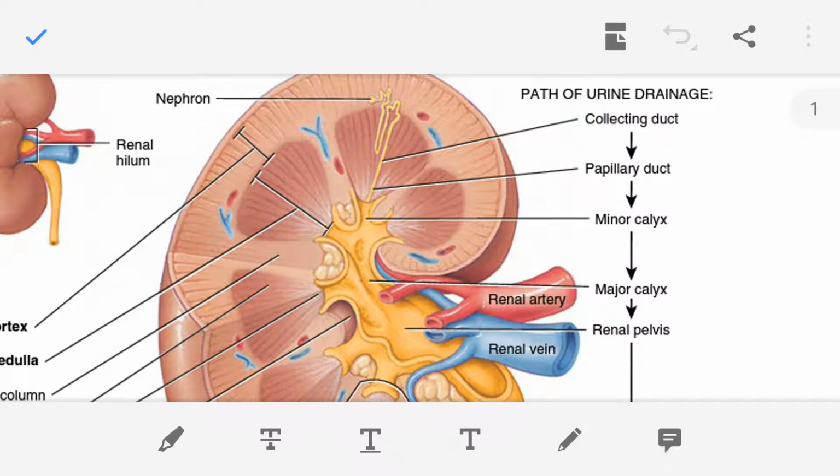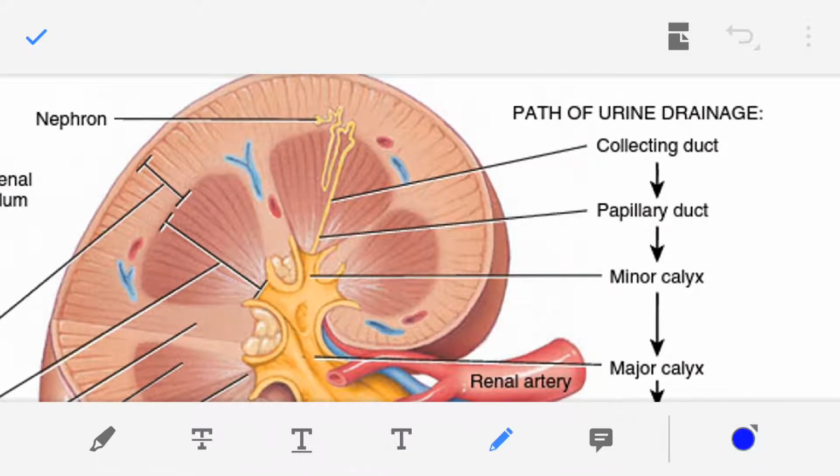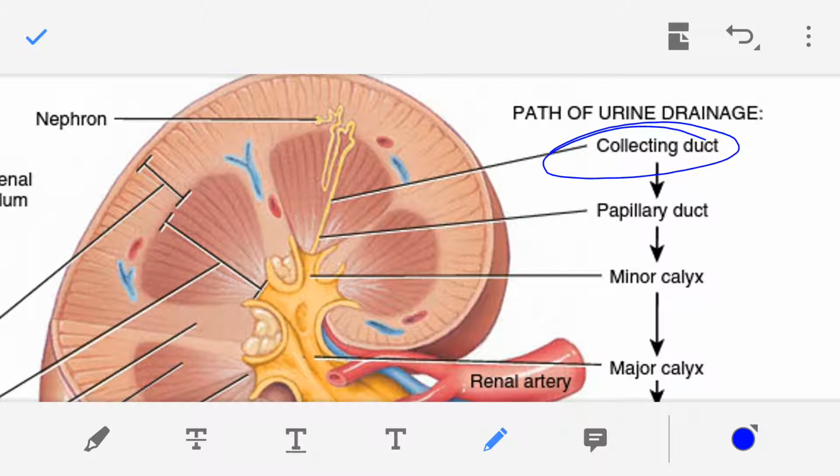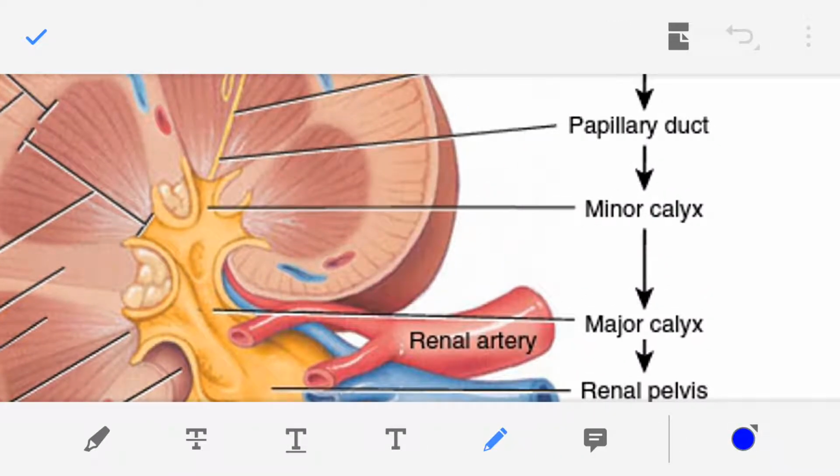It is not that only one nephron is opening into this collecting duct. We now know that many nephrons open, the DCT portion of the nephron opens into collecting duct. Many collecting ducts open into several hundred papillary ducts, in which the urine is present.